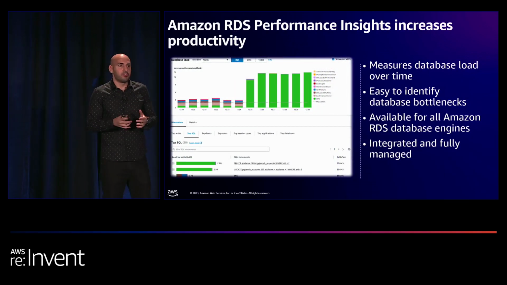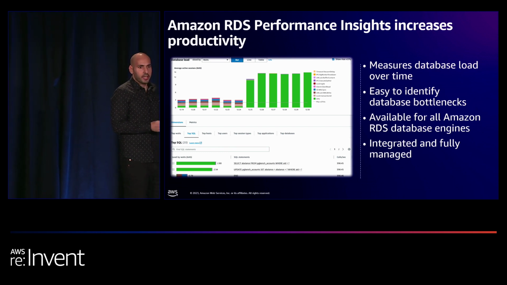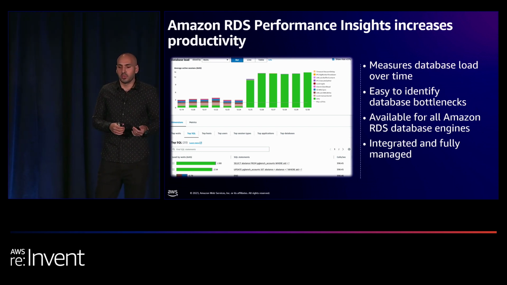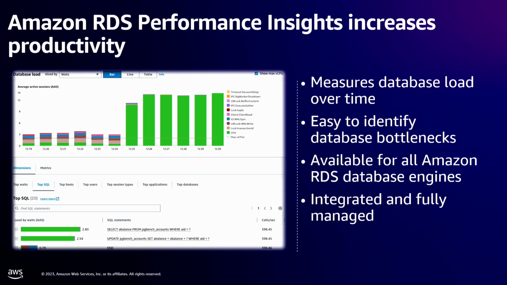So far, we covered instance level monitoring and operating system level monitoring. But when it comes to a deep dive into the database engine level and SQL analysis, including wait events and statistics for each SQL that is running, this is where RDS Performance Insights could be very handy. RDS Performance Insights helps you measure database load.